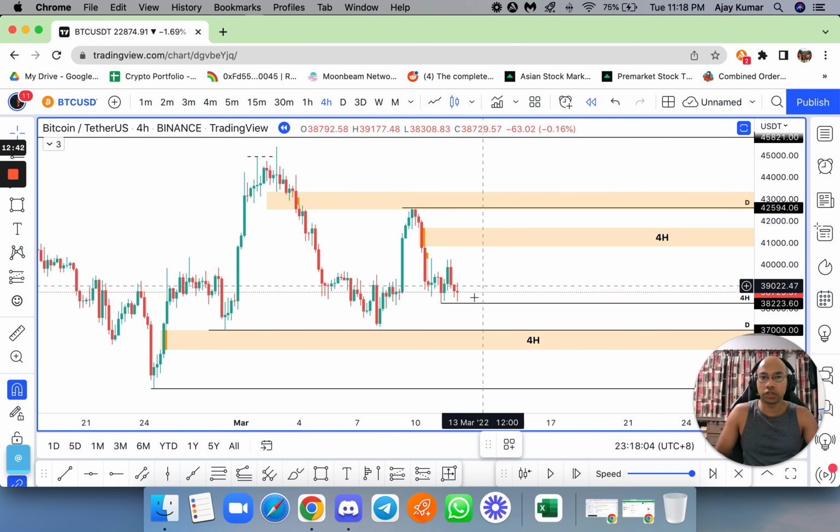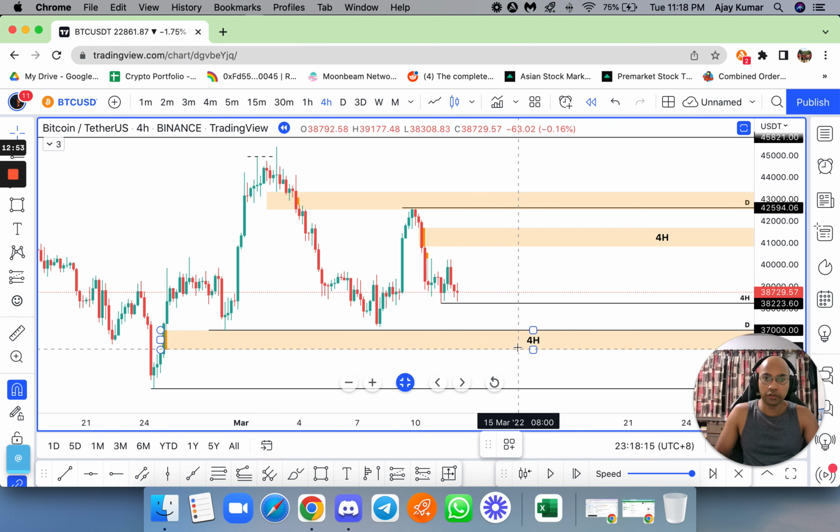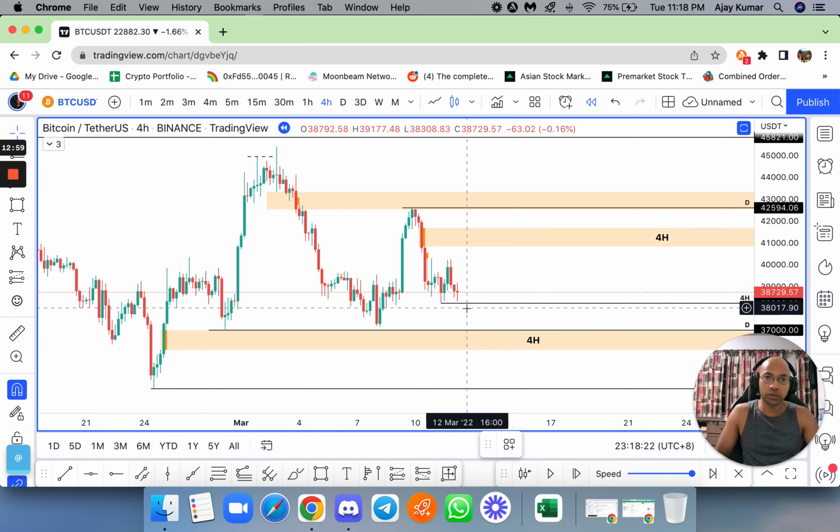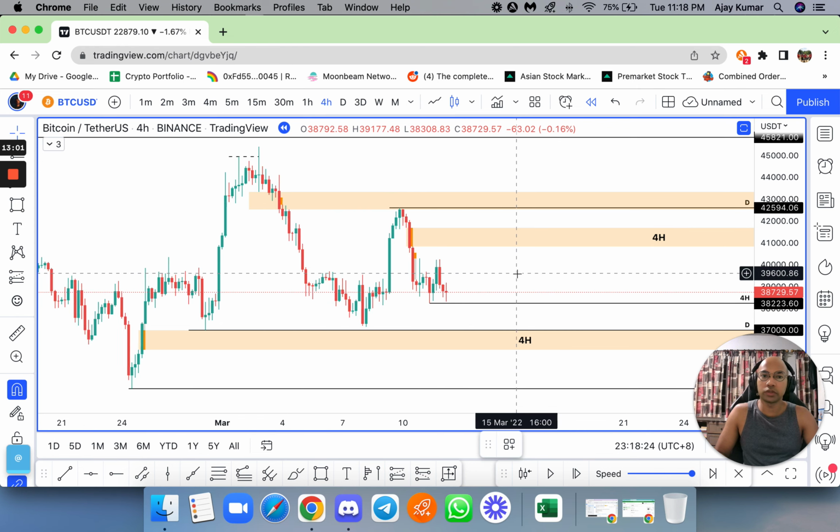Here there's liquidity. So my guess is price would like to take this liquidity first, and it might shoot up a bit, come back down, fill this fair value gap, and then go back up again. That is my guess. So first price will come down here.